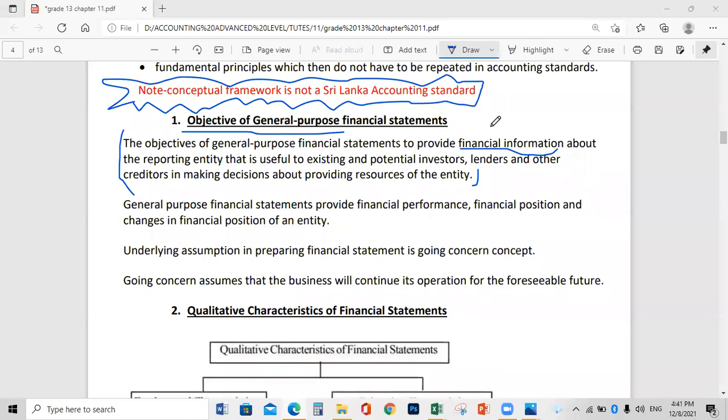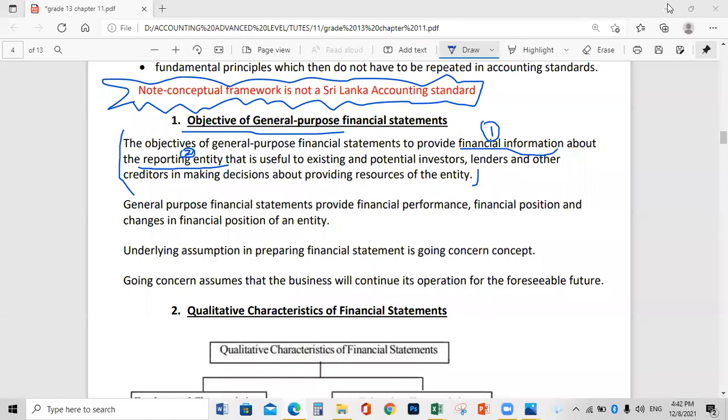Financial information. Remember, what information? Financial information. About whom are you providing? About the reporting entity. Reporting entity means the entity for which you are preparing the financial statements. For example, if you are preparing financial statements for our company, we are the reporting entity.